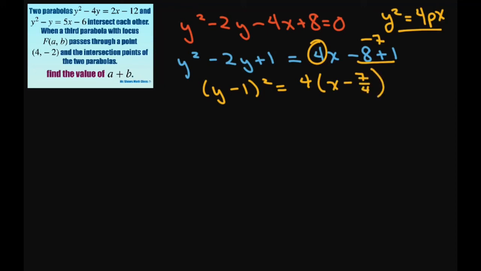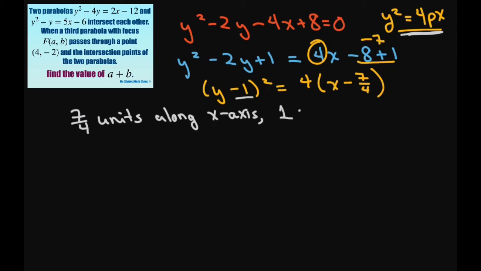All right, so now that it's in this form, this is a translation of the standard equation, and we have 7/4 units translated along the x-axis, and 1 unit translated along the y-axis.